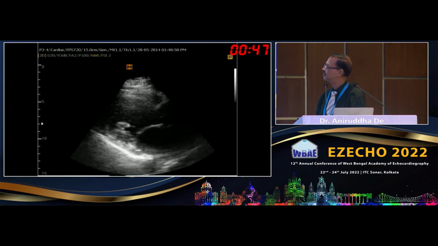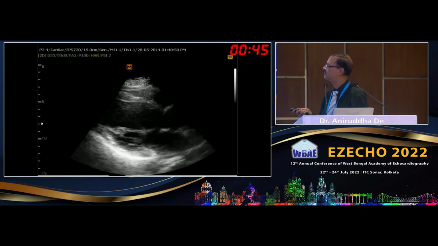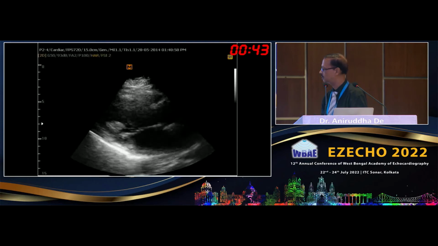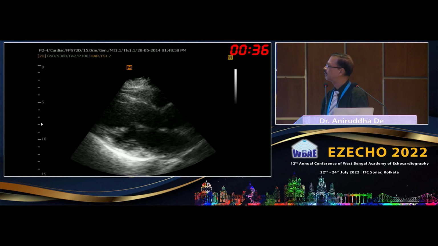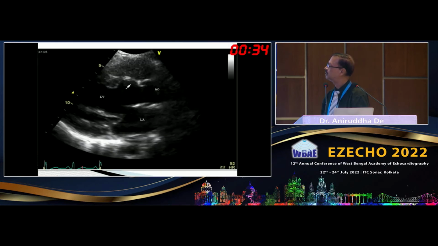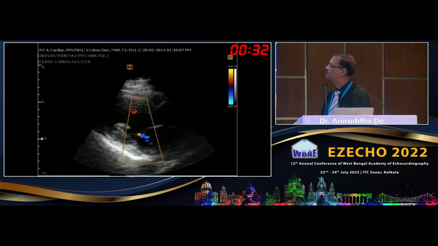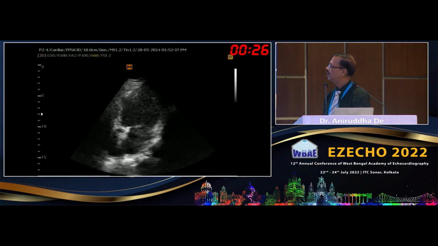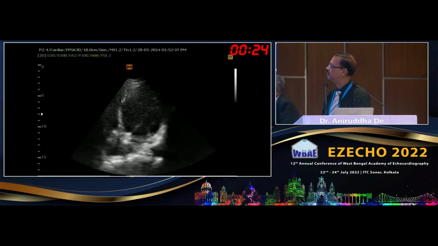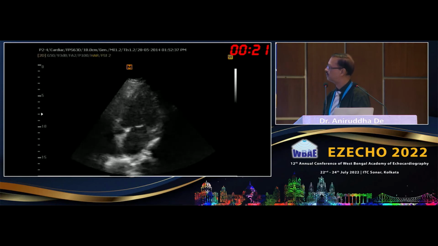As Dr. Mohan used to say, this is the basal thinning, absolutely the basal thinning you can see in this particular patient, along with patchy areas of inferoposterior wall involvement. There is some moderate MR, and the ventricular septum is a very interesting finding.